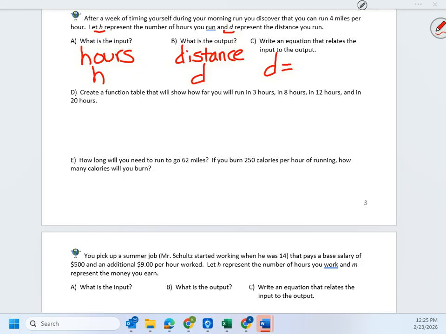What math are we doing with those hours? If we can run 4 miles per hour, how do I figure out my distance? If I run 4 miles in every hour, and I'm gonna run for 3 hours, how do I know how far that is?